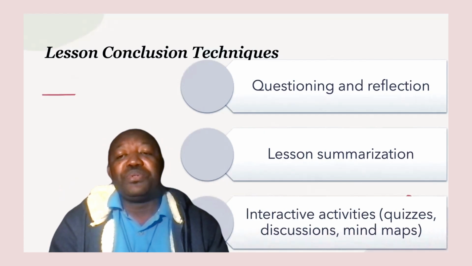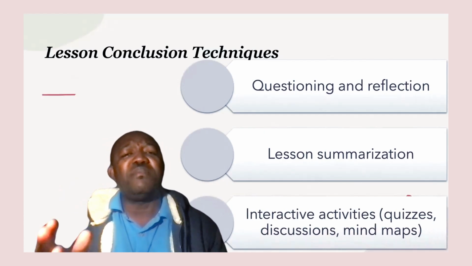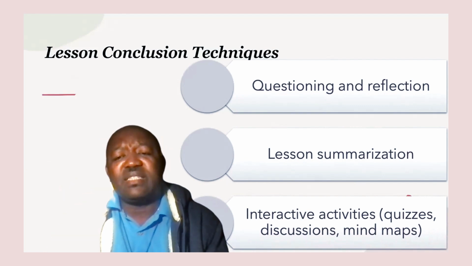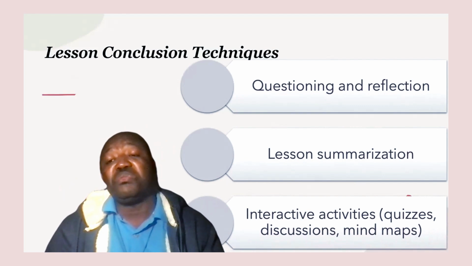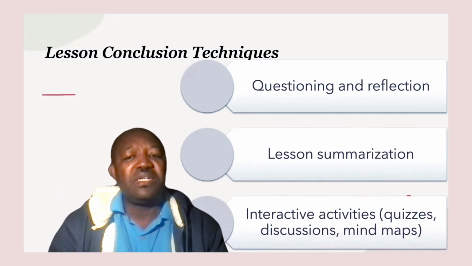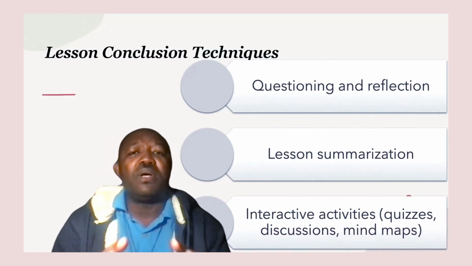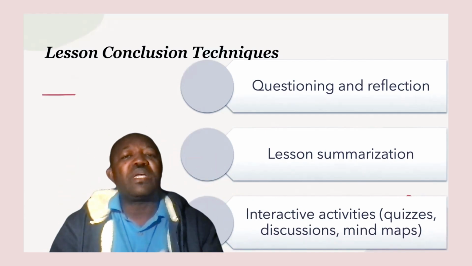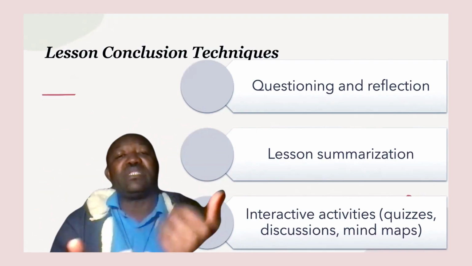Then you may want to engage them in certain activities. That could be puzzles, it can be quizzes in the form of a game. Okay? We can make them draw some mind map to make an imagination of a drawing of what you were teaching.